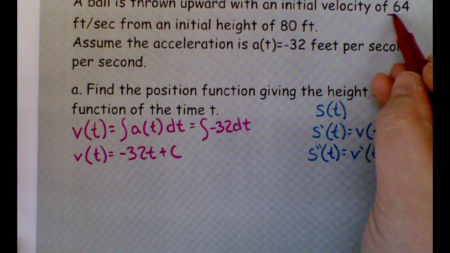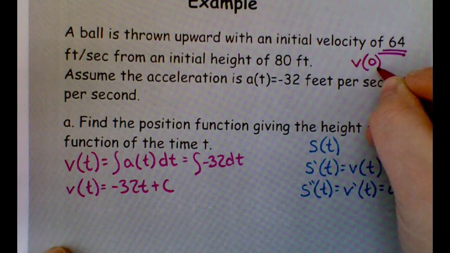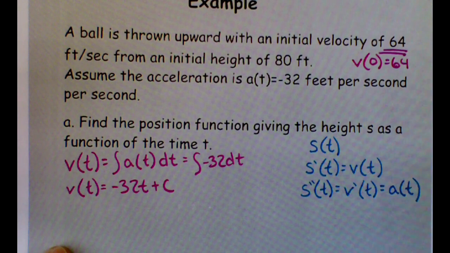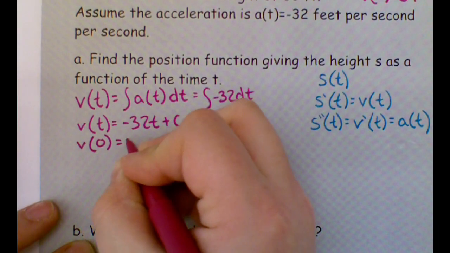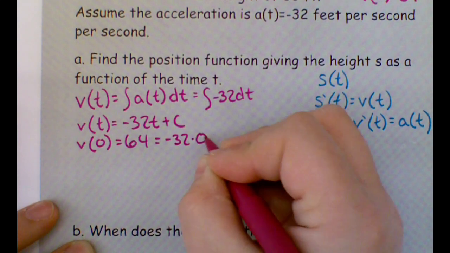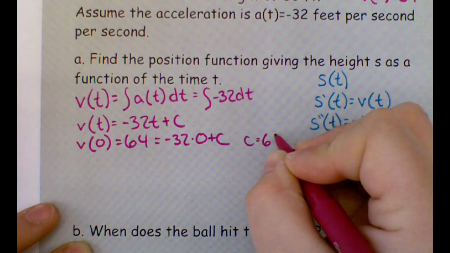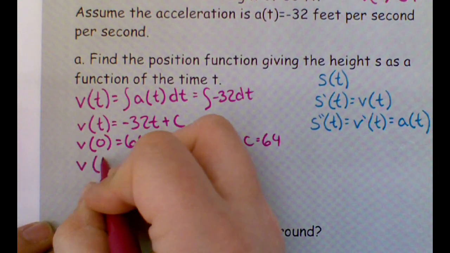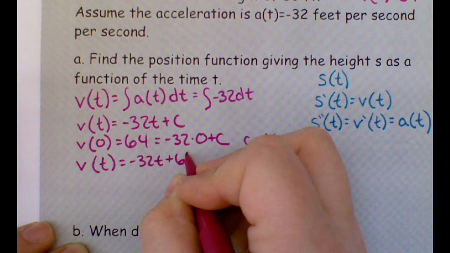But we know the initial velocity is 64. That means v of 0 is 64. So that's negative 32 times 0 plus c. So c is 64. So my velocity function is negative 32t plus 64.